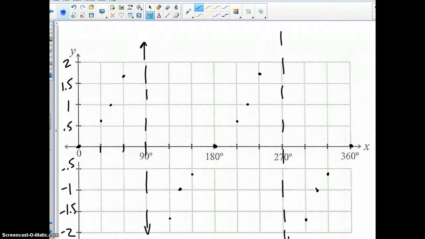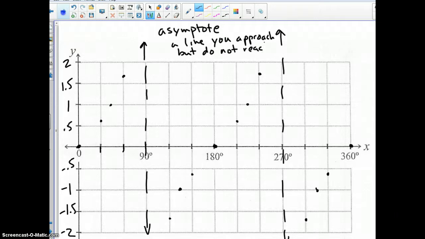But we use this dash line, and this is called an asymptote, right? And it's just a line you approach but do not reach. Okay, and it's again marked with a dashed line. Now, it's usually where a function is undefined.